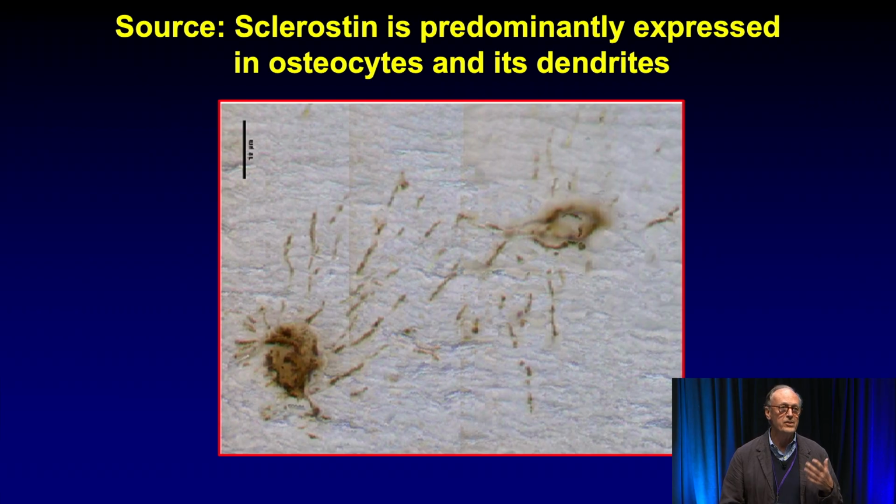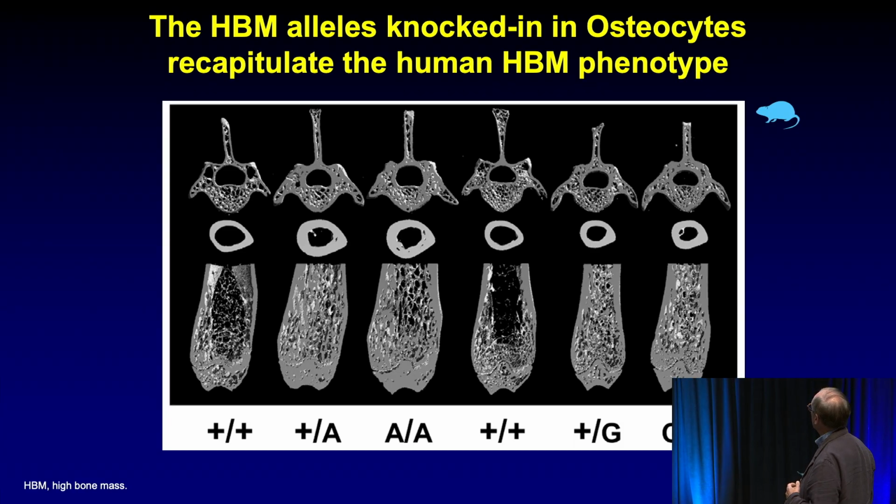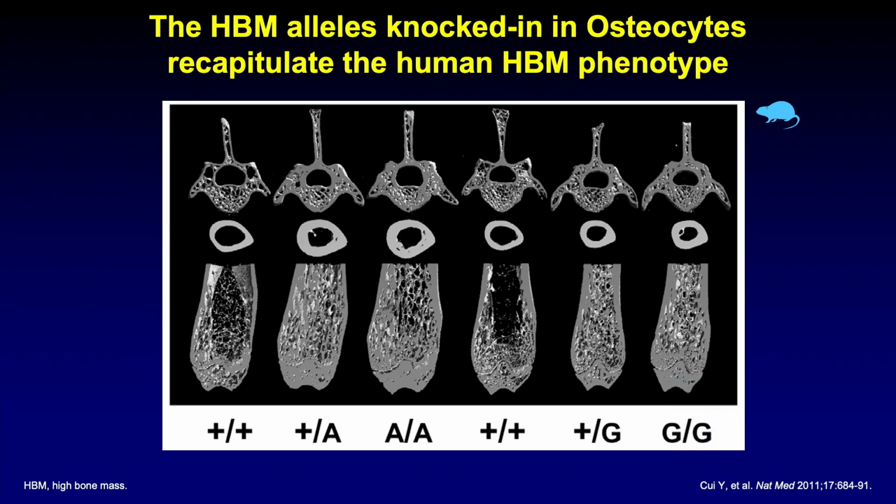But where is the target? And in this beautiful experiment done by my colleague at Harvard, what they did was to introduce in mice the single point mutations of two of the patients, targeting the mutation to osteocytes only, okay, with the right promoter.